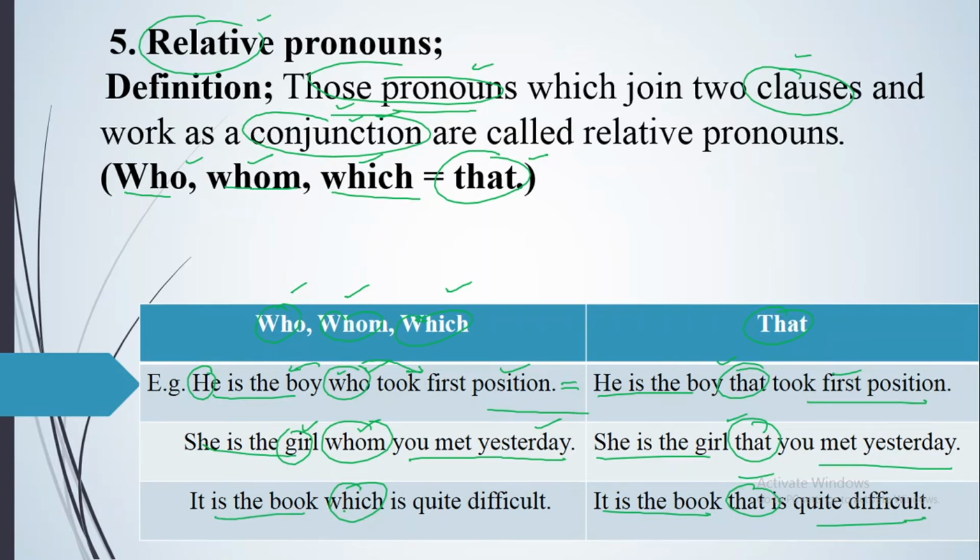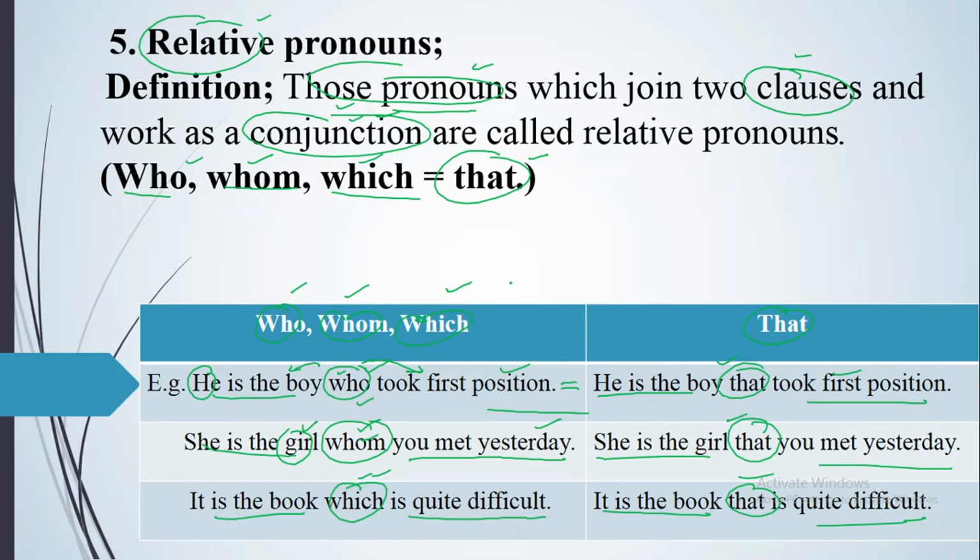And it is the book which is quite difficult is joined by the word which to join two sentences and clauses. So those words which are used as relative pronouns to join two clauses are known as relative pronouns.